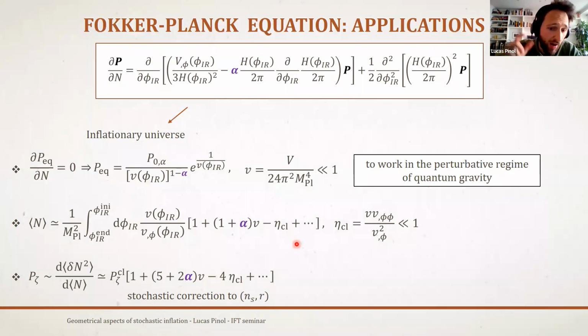That can change the R parameter because it changes zeta, and because R is a ratio of the two, it changes. But that will not change, for example, the spectrum of gravitational waves, since the stochastic formalism is for the scalar fluctuations. And I don't think you can have consistency relations of stochastic inflation because you can always take continuously the limits where it goes back to the classical treatment.